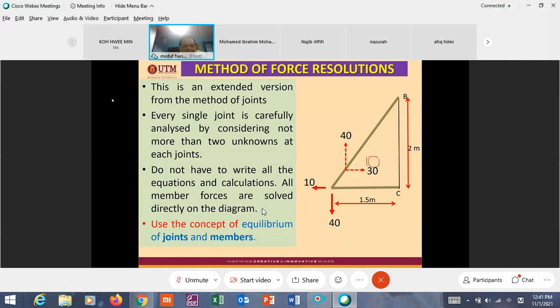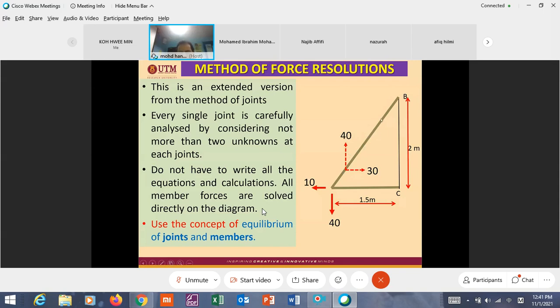At this moment, can you see that this member is not in equilibrium? This joint is in equilibrium already. Now this member, is it in equilibrium or not? No.